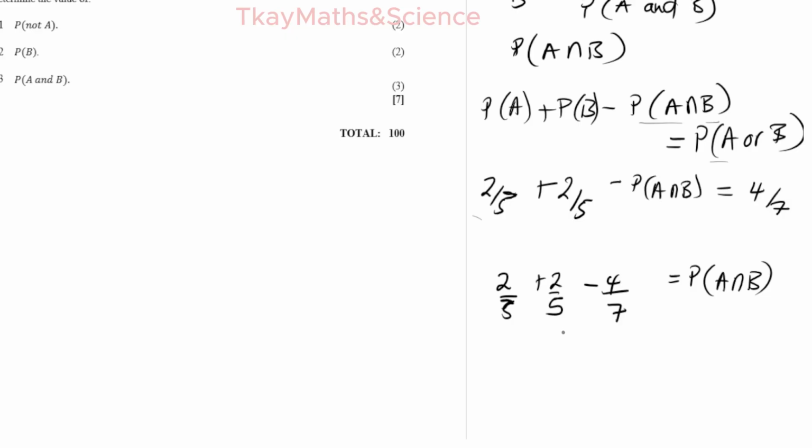That will result in 52 all over 105. Okay, so that is the probability of getting A and B.